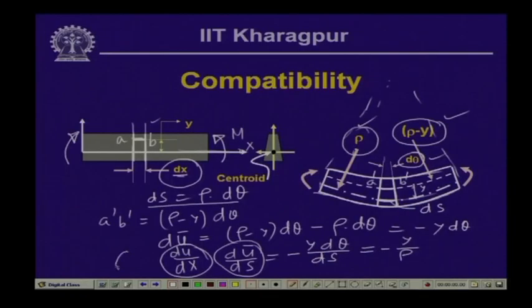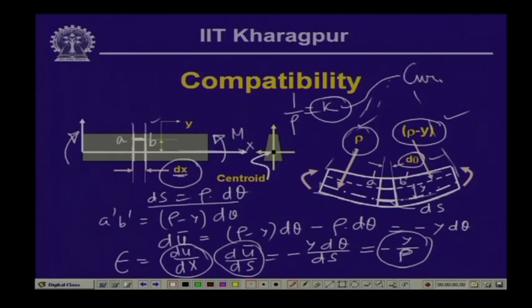So, if we call epsilon the normal strain, this is equal to minus y by rho, and rho is the radius of curvature of the axis of the beam, and many times this particular quantity 1 by rho we designate as kappa, which we call curvature. So, the strain epsilon is equal to minus y by rho.